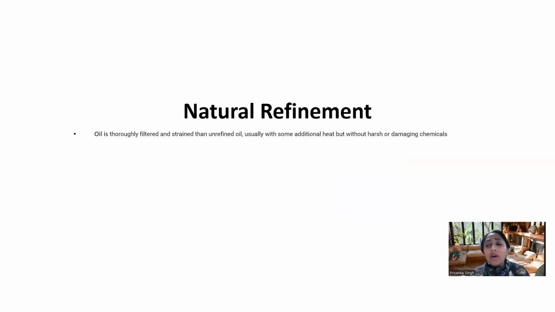So look for oils which have labels like naturally refined or no refinement at all. What is natural refinement? After extracting the oil through expeller pressing or cold pressing, the oil is passed through some kind of straining process.